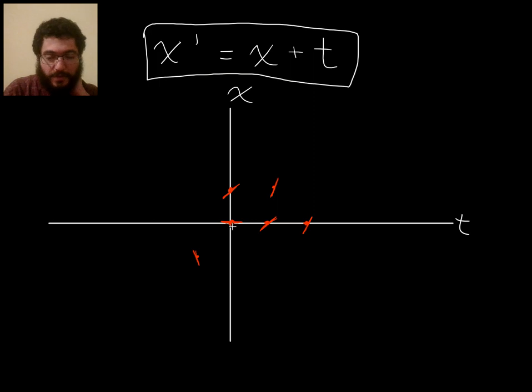One way to fill out a whole bunch of these, I could just go through and fill in the grid, one dot at a time. But one way to fill out a whole bunch all at once is to find what are called isoclines, which are collections of points in this xt plane where the slope takes the same value.